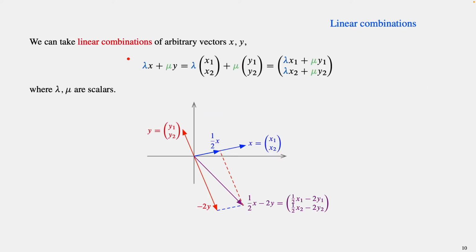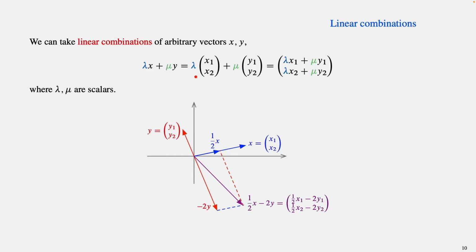And we can take linear combinations of vectors that are not just the two canonical basis vectors. We can take arbitrary vectors x and y and form linear combinations of them. That's just a combination of the vector addition and the scalar multiplication. For example, if we have two scalars, lambda and mu, we can form the linear combination lambda times x plus mu times y.